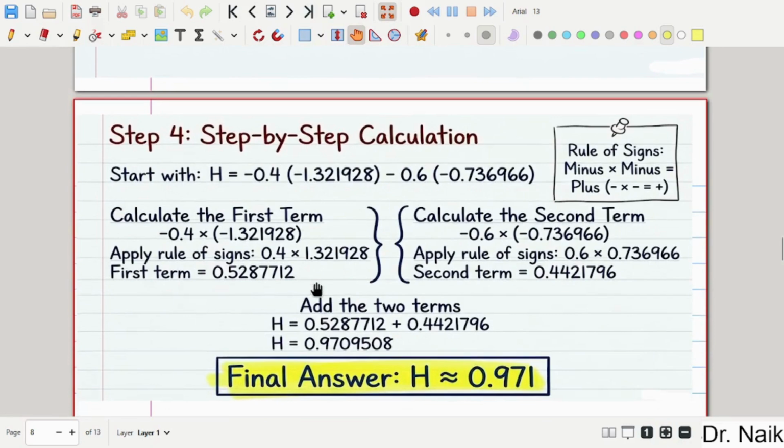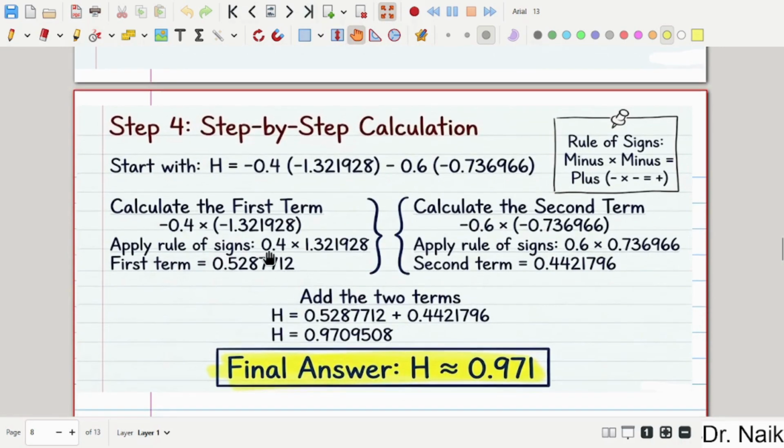After calculation, we know that 0.4 multiplied by 1.321928 is equal to 0.52877112, and 0.6 multiplied by 0.736966 is equal to 0.44219796. Please recall that a minus sign multiplied by a minus sign is equal to a plus sign, so both the terms become positive.